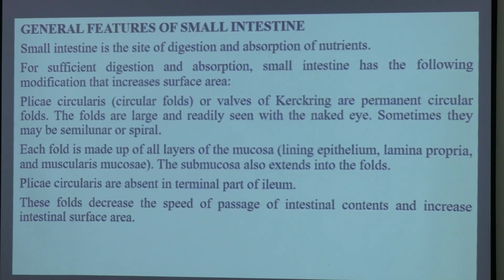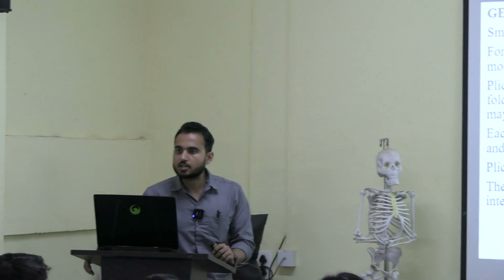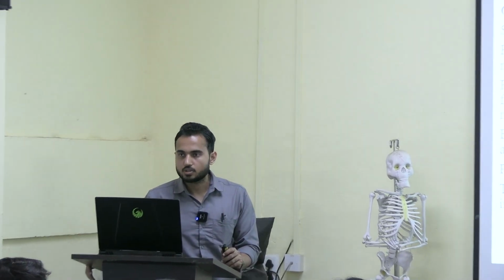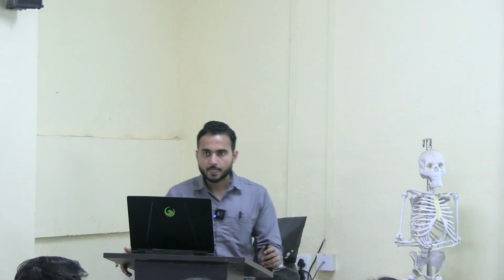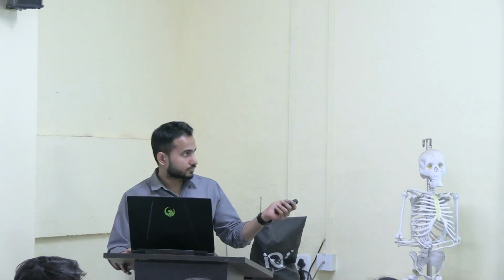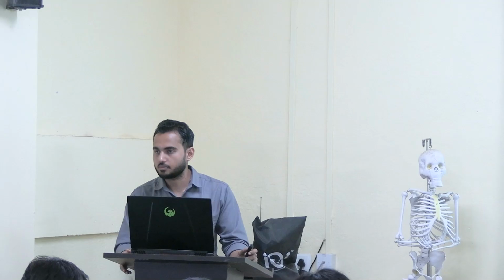That's why these folds are permanent. But the mucosal folds in the stomach, called gastric rugae, are not permanent; they are temporary folds. When the stomach distends, those folds disappear. So this is the difference between the folds in the small intestine and in the stomach.